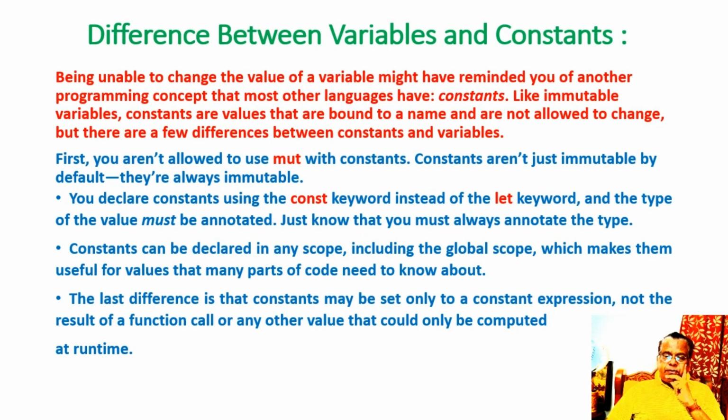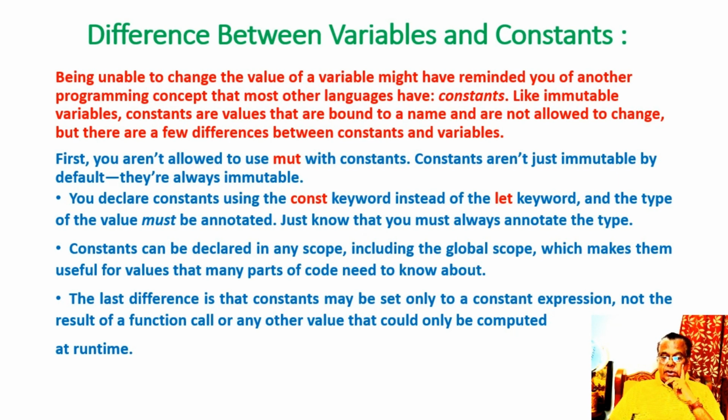Yeah, difference between variables and constants. We are discussing the difference between variables and constants. Being unable to change the value of a variable might have reminded you of another programming concept that most other languages have. See, it's nothing but constants.